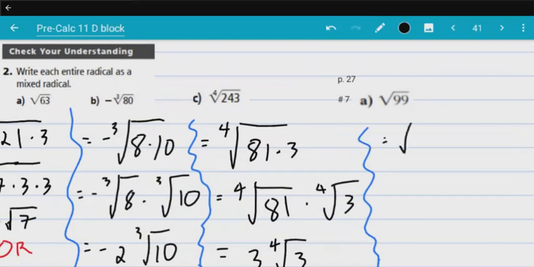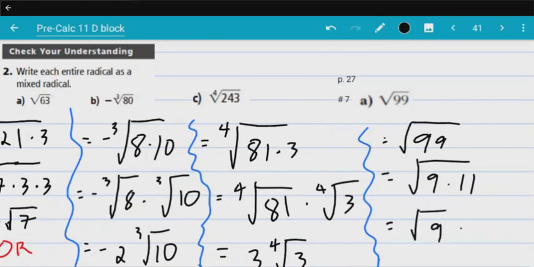And this is pretty simple because 99 is a nice number to work with. The only two numbers that you can use as factors would be 9 and 11. And the idea is to see if you can get a factor which already has a square root. And multiplication of radicals tells you to split them up into 2 parts.